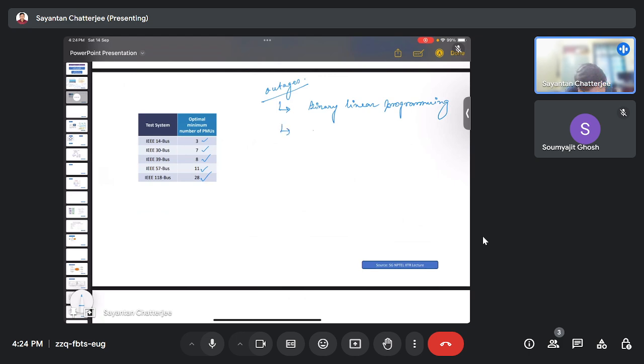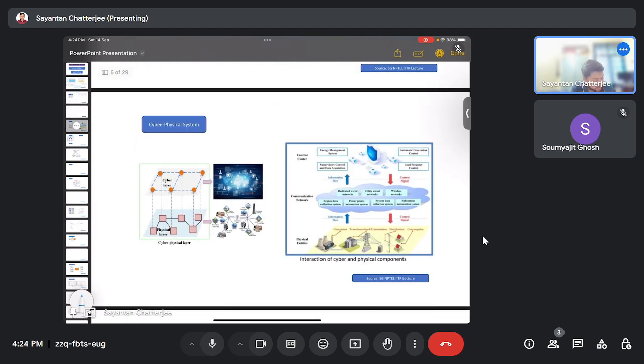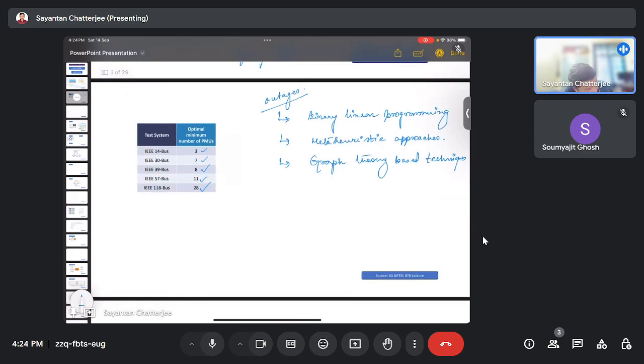Also we have some metaheuristic approaches, some graph theory techniques, etc. There are problems with the metaheuristic techniques.